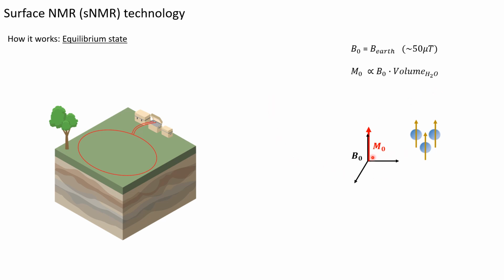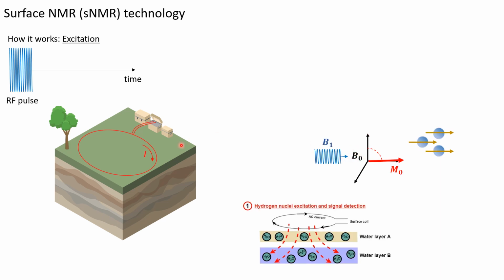Our hydrogens are parallel to the main magnetic field. So the next thing that we need is to excite our spins. This is done by the application of the external magnetic field B1.